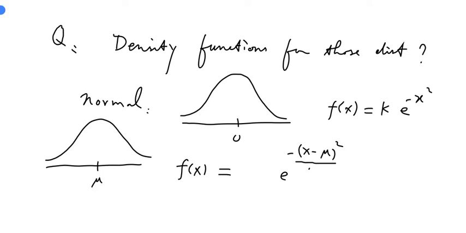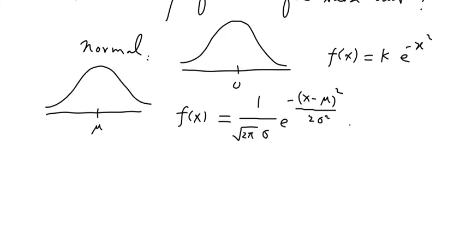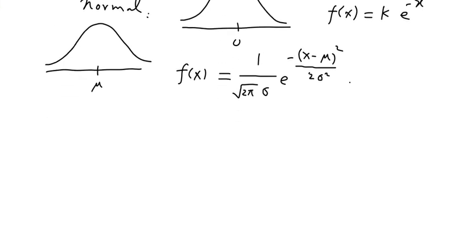This is k times x minus mu squared, right? So this number is 2 sigma squared. Saying that the coefficient is thus, let it equal 1 over sigma root 2 pi. Okay, so this is the density function for the general normal. So X follows this, with mean mu and standard deviation sigma.